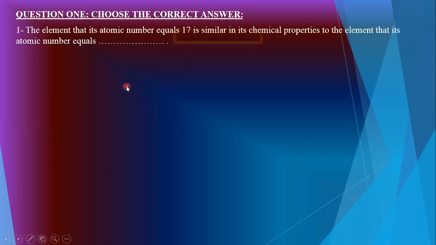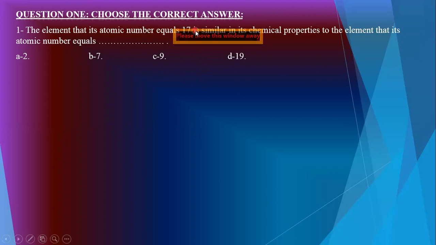The element with atomic number equal to 17 is similar in its chemical properties to the element whose atomic number equals 2, 7, 9 or 19? To be similar, the number of outermost electrons must be the same.